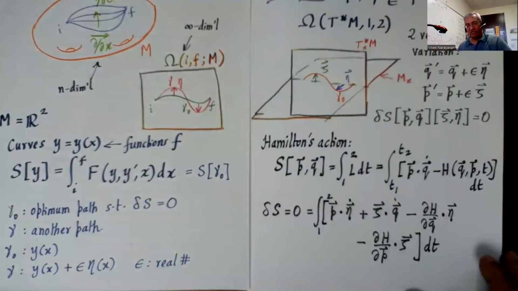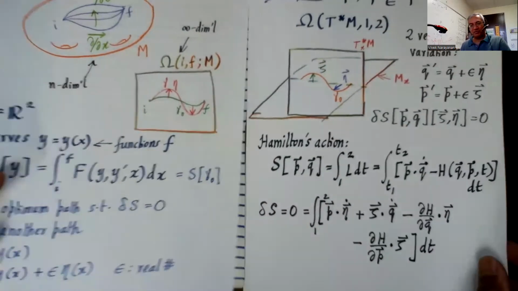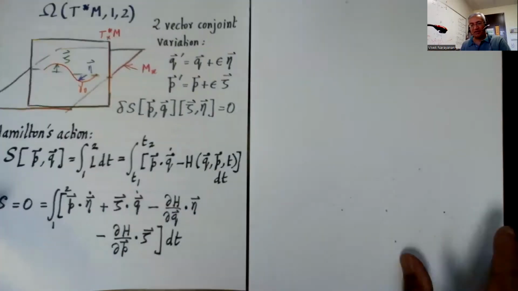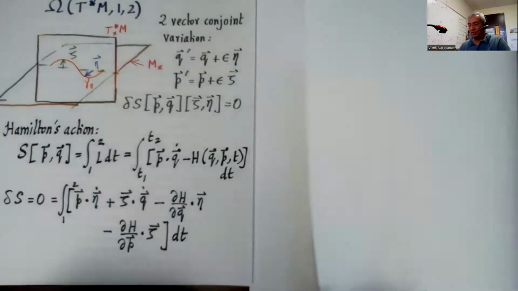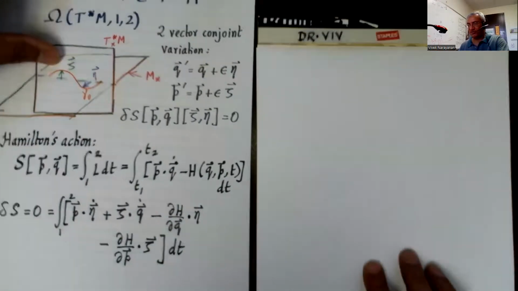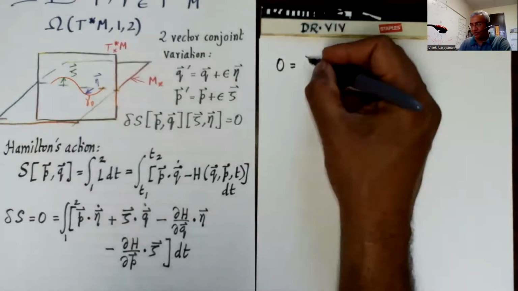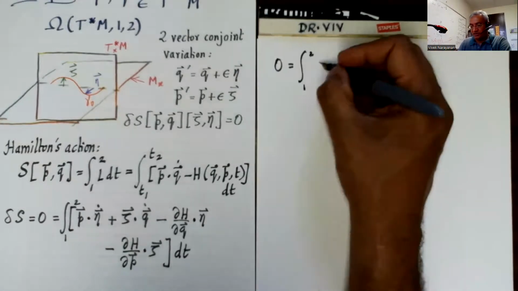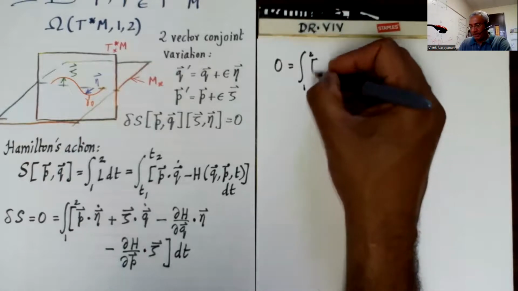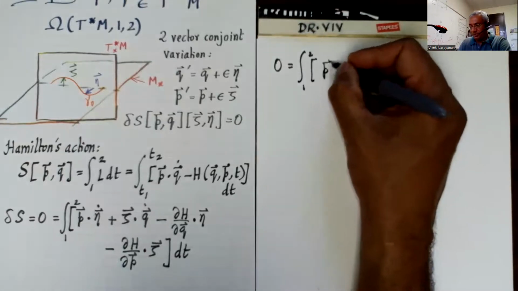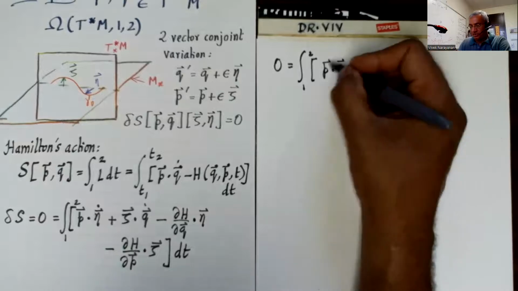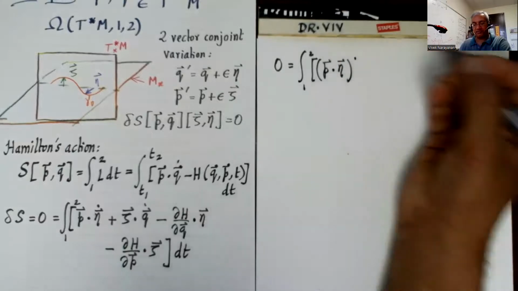Once again, we have to use a key step, which is integration by parts, to make this into something that we can work with. So that's the next thing we do. 0 equals the integral from 1 to 2. And the integration by parts goes as follows. I can write this as P dot eta, the whole thing dotted.